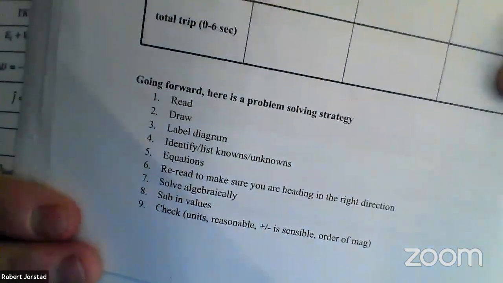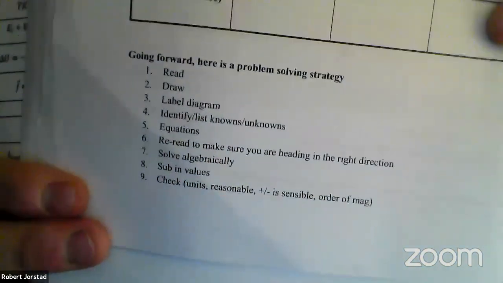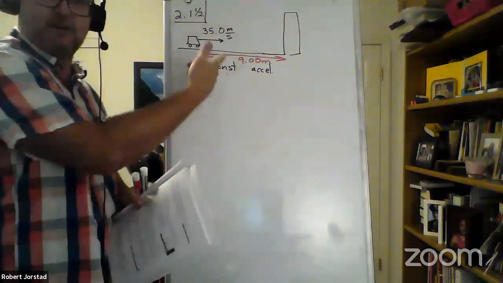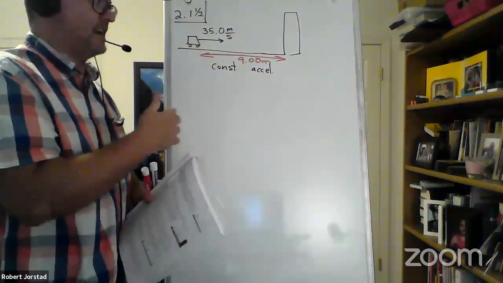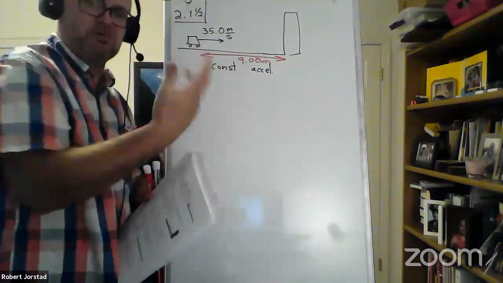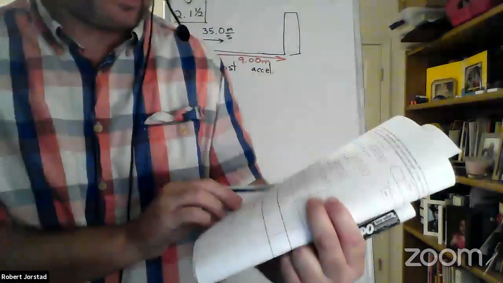It will become ingrained in you. The first thing is read. I did that. The second thing is draw. I kind of did that already too. The third thing says label. I labeled some stuff on here. This is looking good. So it's not just enough to draw a little picture. You actually put some information that you know on there. Okay, cool. What's next?